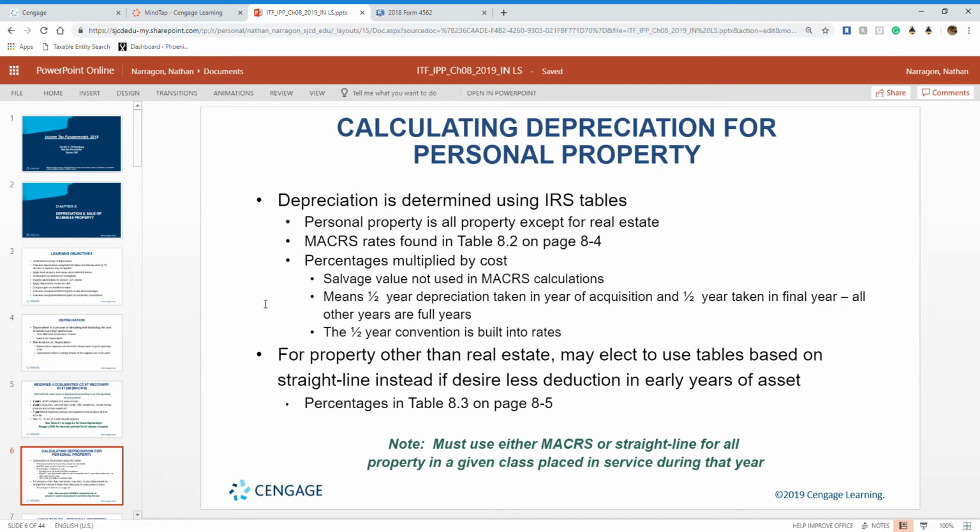Most programs will force you into MACRS. All right? So, we must use either MACRS or straight line for all property in a given class. Again, we normally use MACRS. MACRS tends to be the best one. And it's usually, again, what the software is going to tell you to use, because it helps you out.